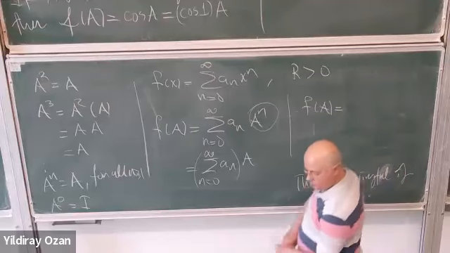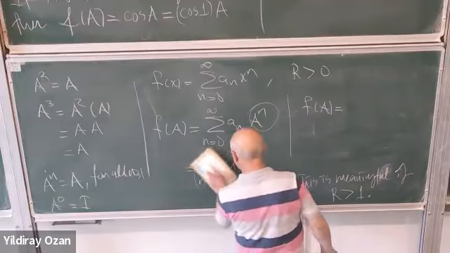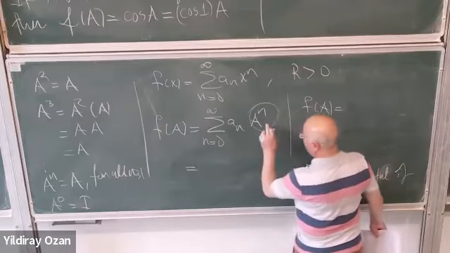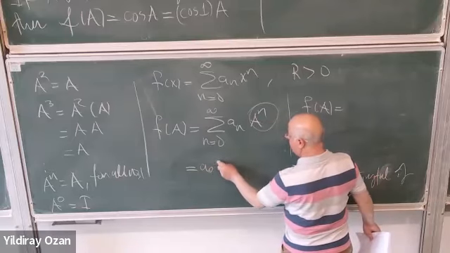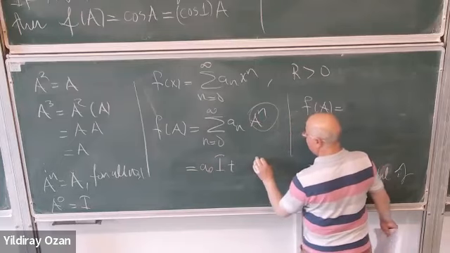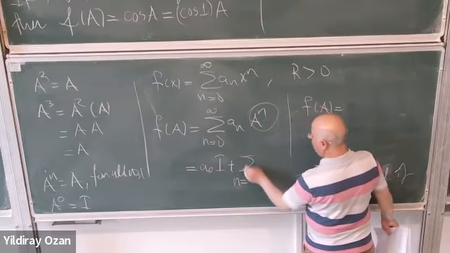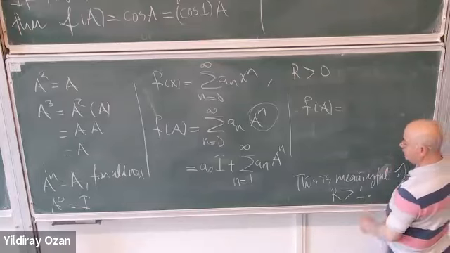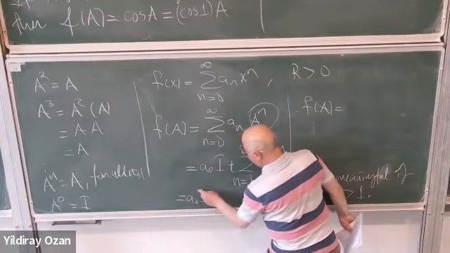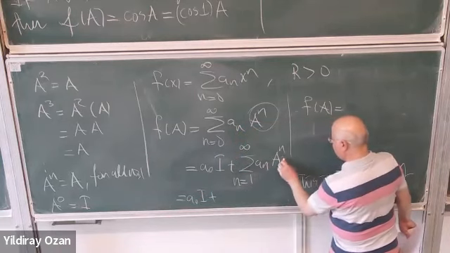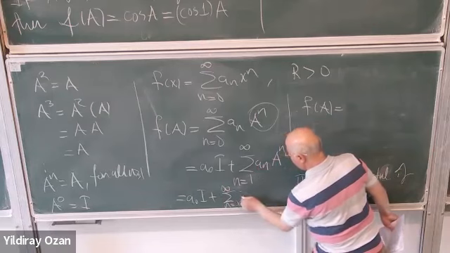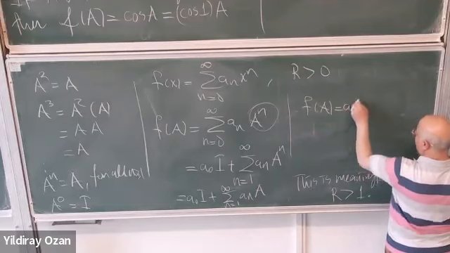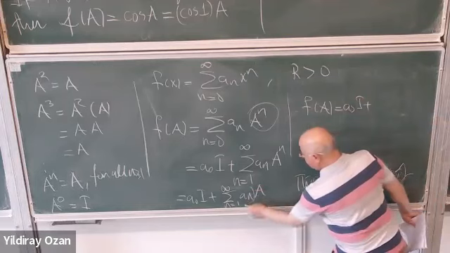Yes, here I actually need to do that. So let's take out the zero term. So this is a zero times identity plus the sum from n equals 1 to infinity of a n times A. Now, what is this sum?